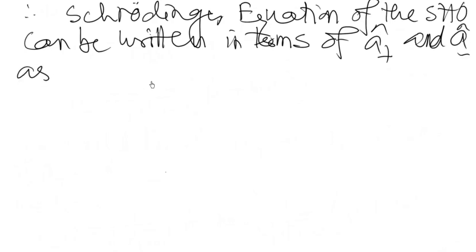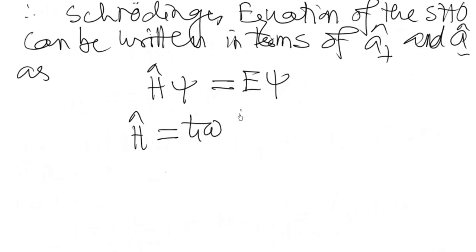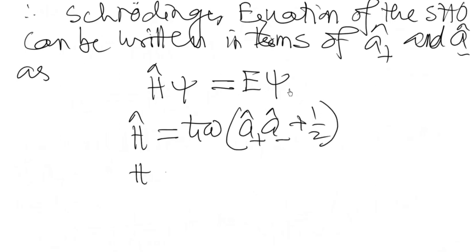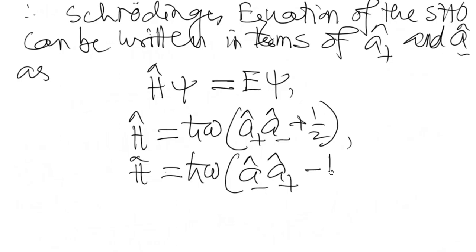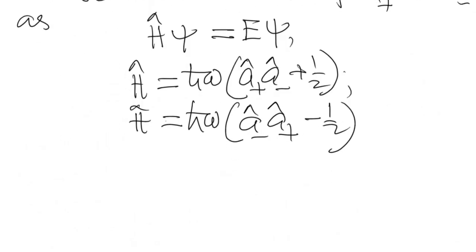We had H psi equal to E psi, where E is the total energy of the oscillator, and now we have H is h cut omega (A plus A minus plus 1/2), and also H is equal to h cut omega (A minus A plus minus 1/2). So either this one or this one can be used here for the Schrödinger equation.